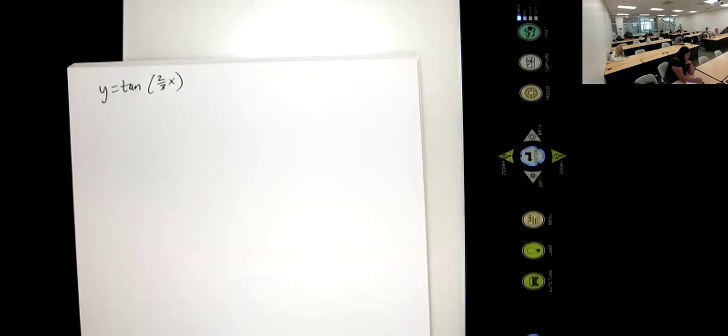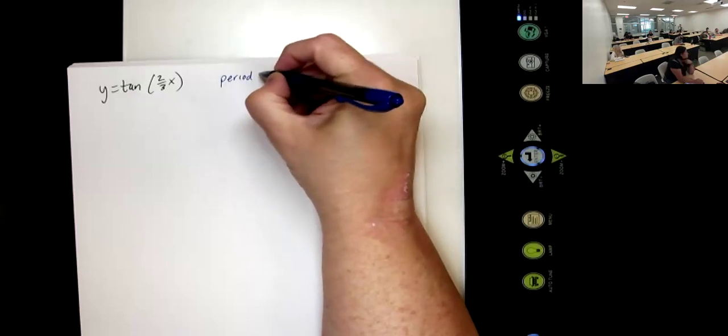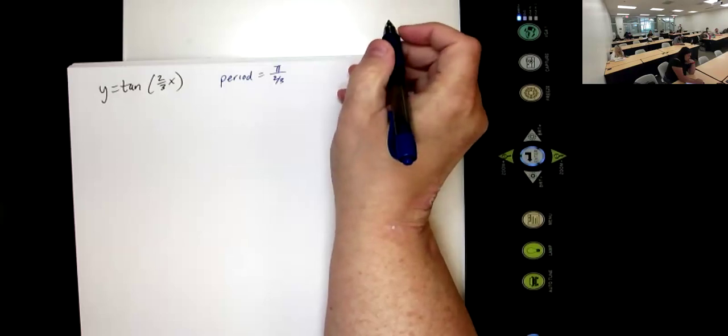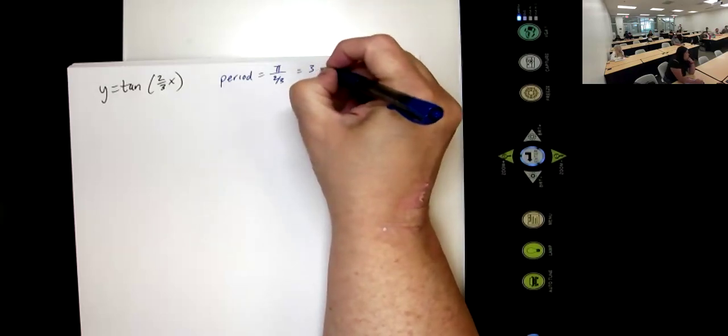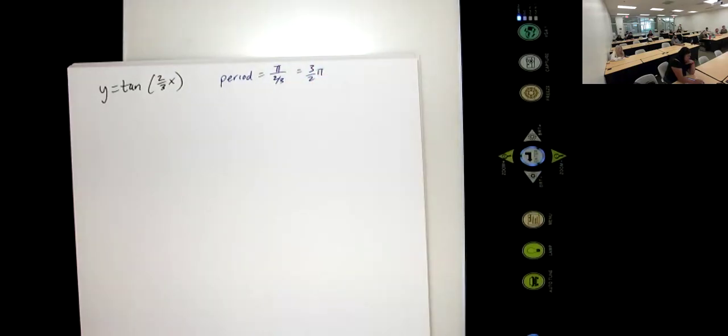So our period is gonna be pi over 2/3, which is the same thing as 3/2 pi. If you multiply by the reciprocal on top and bottom, 3/2 on top and bottom, the bottom goes to 1, and then you're left with 3/2 pi.